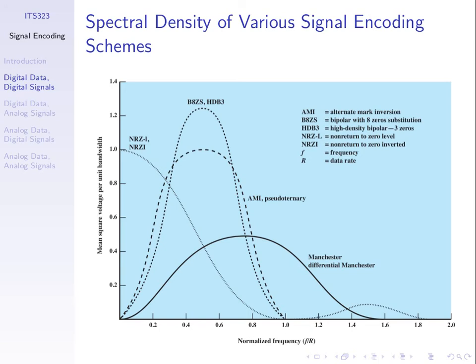They are the narrowest and therefore confine the energy in a narrow bandwidth. Manchester uses a larger bandwidth. NRZ uses a large bandwidth and also has this 0 frequency component, a DC component. So there are some trade-offs in terms of the signal spectrum for each of them.